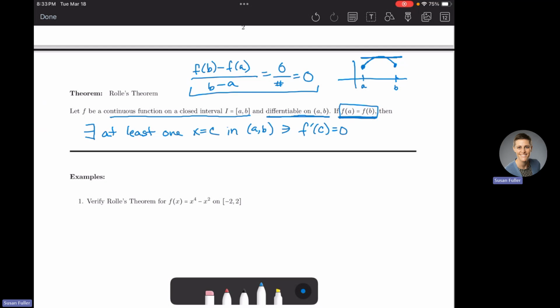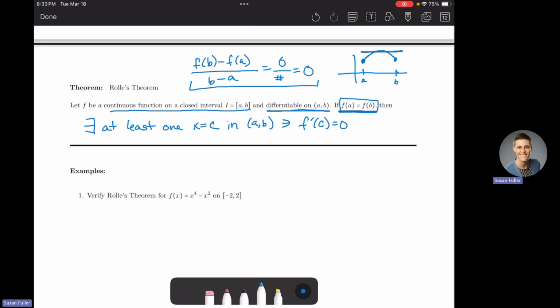Okay. So with Rolle's theorem, it's going to be just like the mean value theorem, but we've got one more box to check. The first box that we have to check is our function continuous on the closed interval. The second box that we have to check is our function differentiable on the open interval. And then the third box that we have to check is f of a equal to f of b.